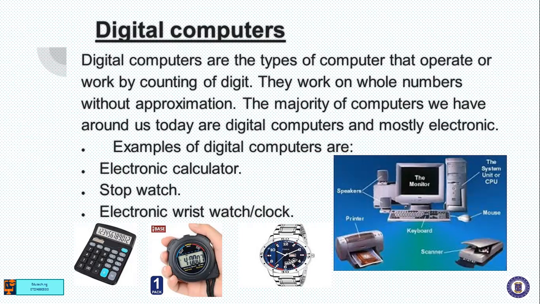So by my right here, you can also see the diagram of digital computer. Is that understood? Remember that the digital computer operates or works by counting of digits. They use digits in operation. Is that understood?